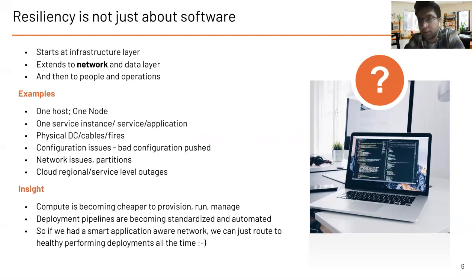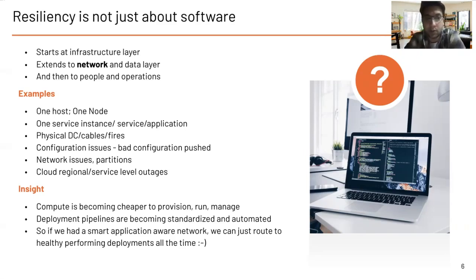So failures could be of different types. You could go from a host to a node to a given service to a given data center to a given region, and obviously at a physical level in terms of cabling and switches and routers as well.